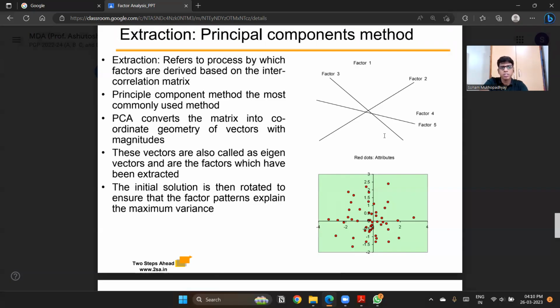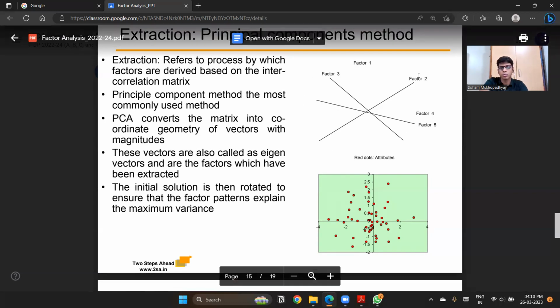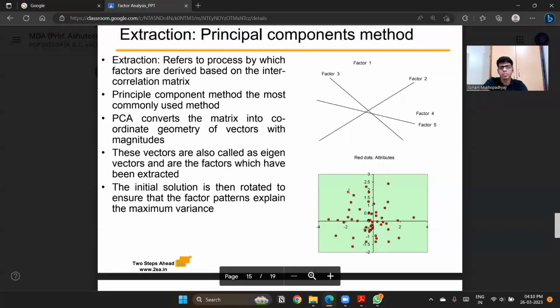And using these vectors, you'll figure out whether a respondent, meaning this particular variable, is closer to factor 1 or closer to factor 3. So if you were to impose these lines, factor 1, 2, 3, 4, on this plot, you would figure out graphically that whichever factor this particular variable comes close to, that factor will have a higher correlation, or a higher factor loading.